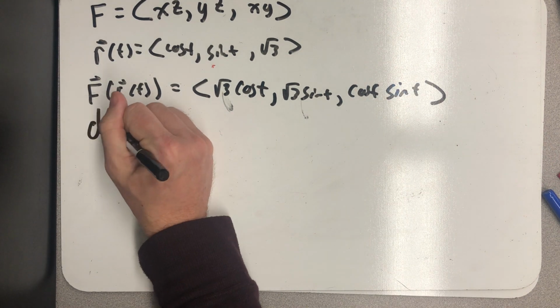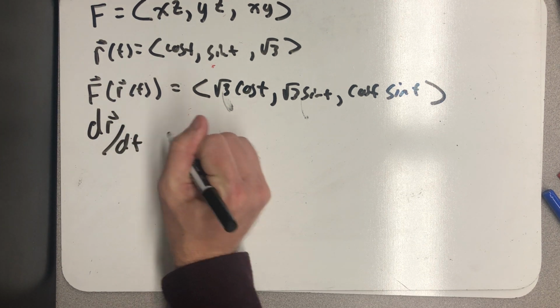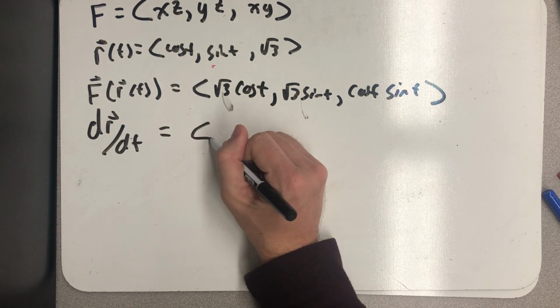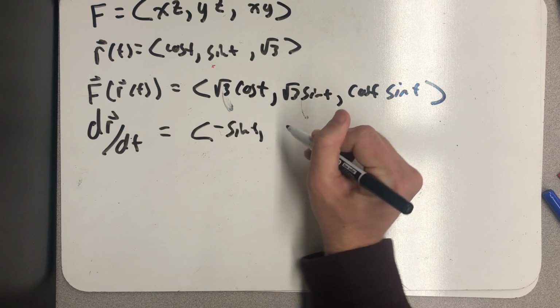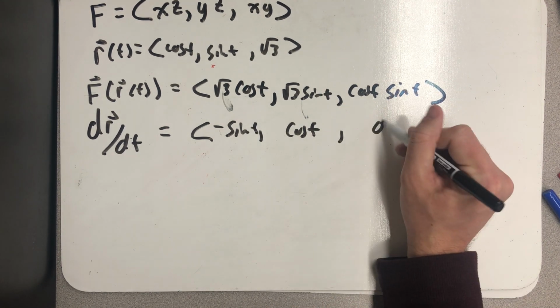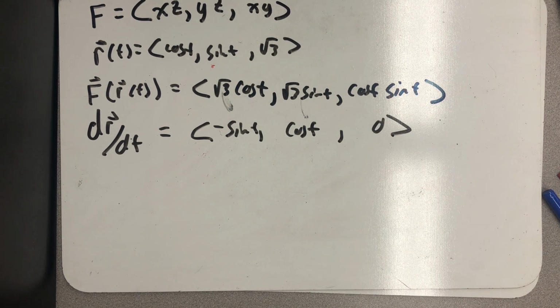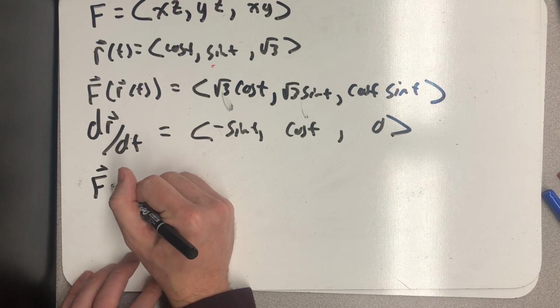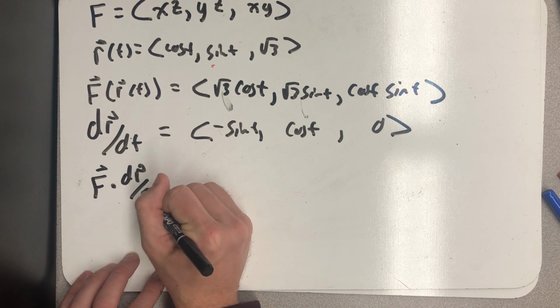So now I need to know dr/dt. So minus sine t, cosine t, 0. And now we need to take a dot product. And this will become our integrand.